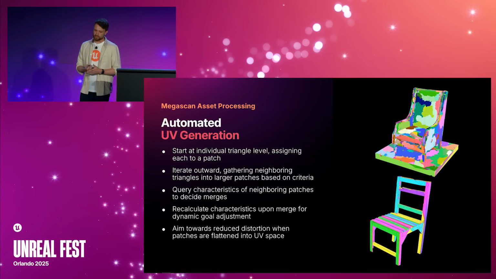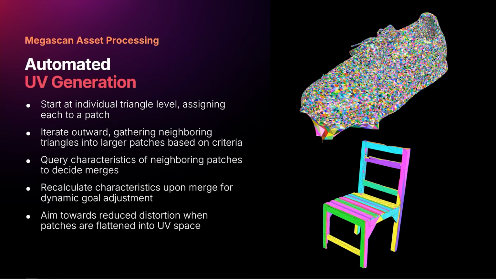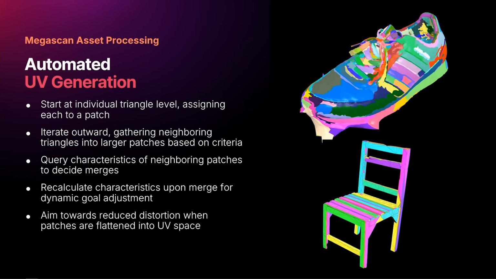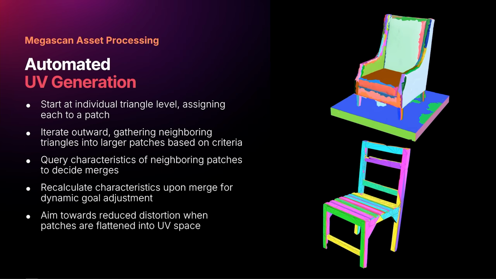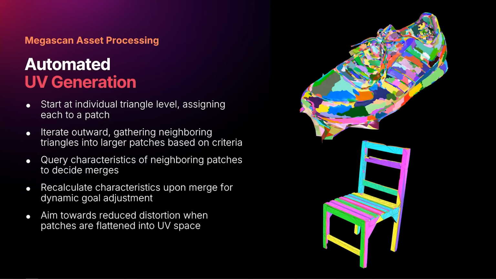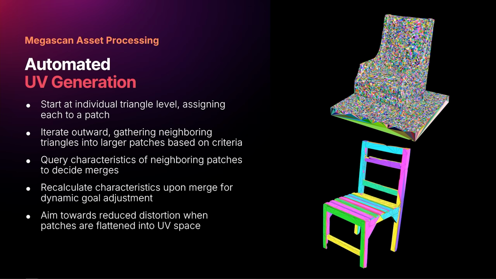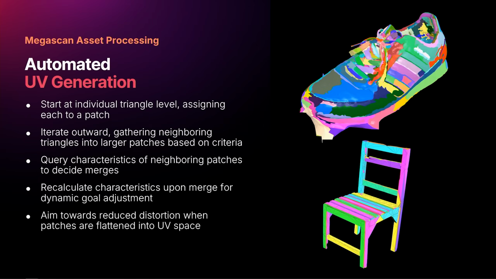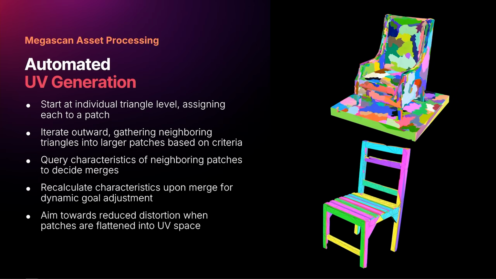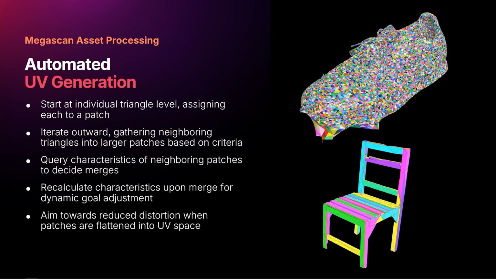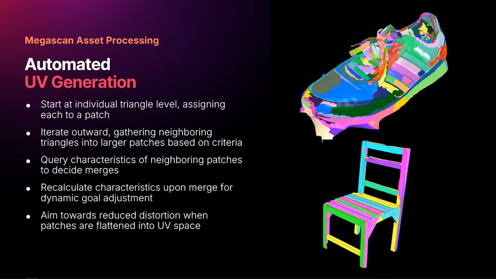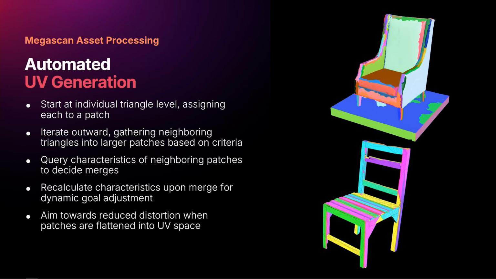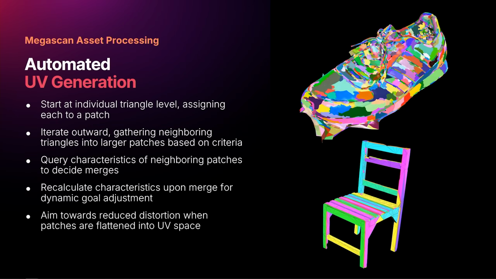As you may know, generating high-quality UVs for assets can take a considerable amount of time. So because of this, we've developed our own UV generation tool to auto-unwrap complex assets. With this approach, we start at the individual triangle level, assigning each triangle to a patch of its own, and work iteratively outward, gathering neighboring triangles that satisfy some criteria into larger and larger patches.